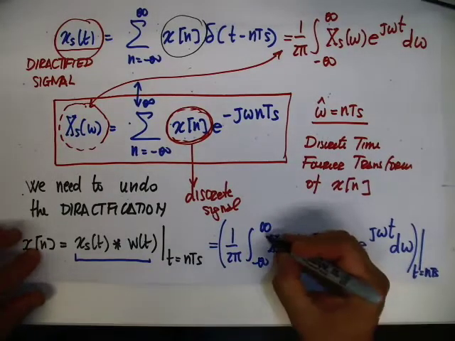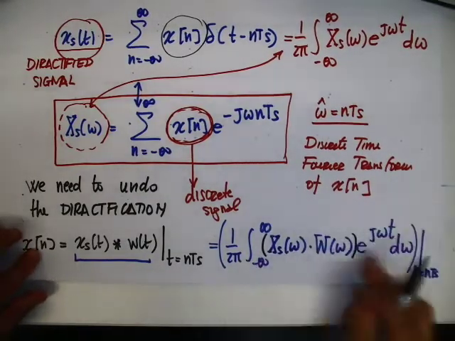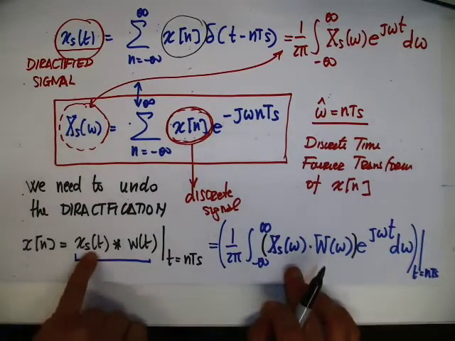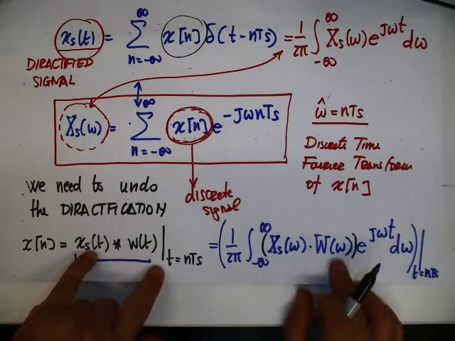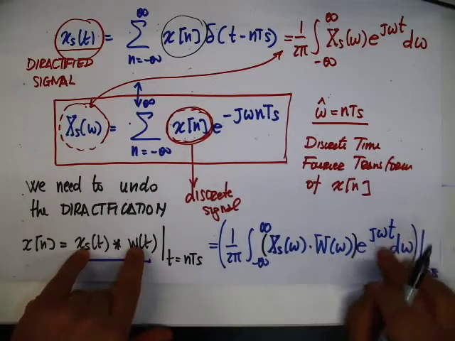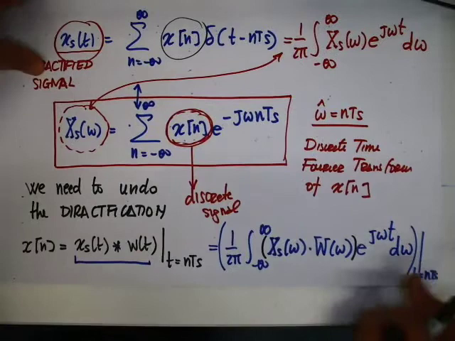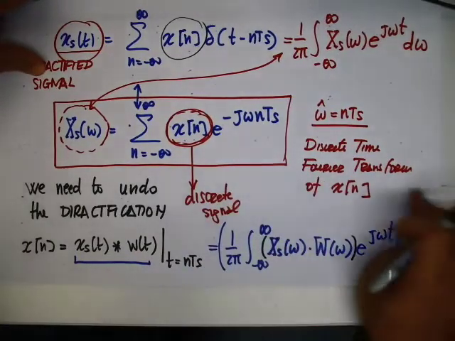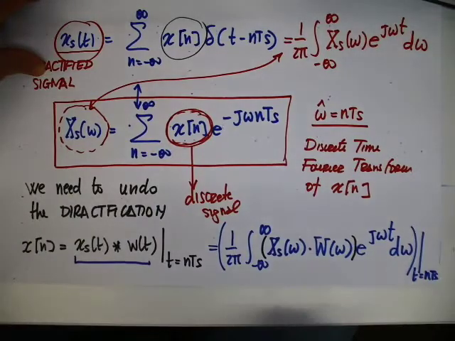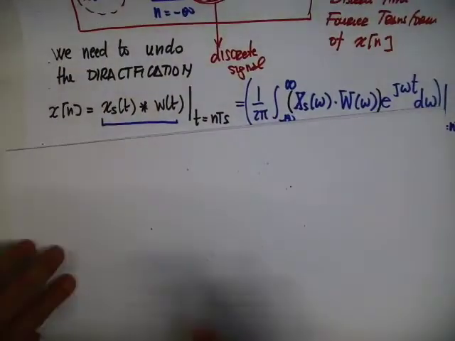Where basically I applied the inverse Fourier transform, using the fact that the Fourier transform of the convolution is the product of the spectra of these two functions, e^(j omega t) integrated over omega. So you see, there are infinite ways to recover the discrete signal from its discrete time Fourier transform.